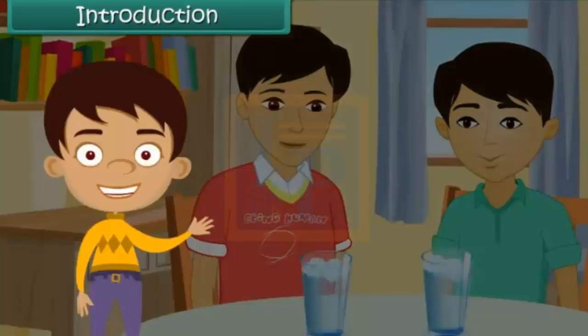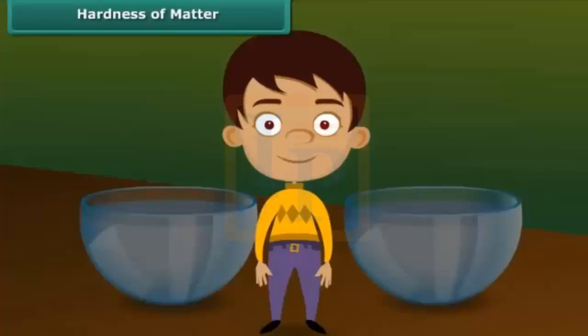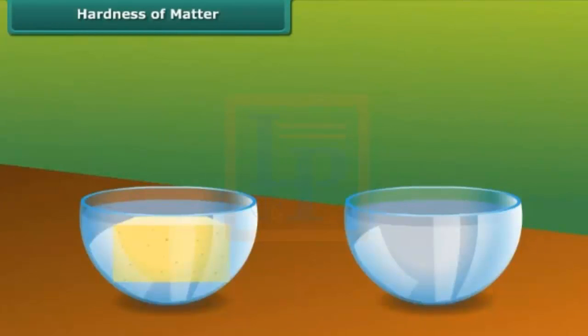In this lesson, we will learn about the properties possessed by different materials. Let us perform a small activity to understand the concept of hardness or softness of material. Take a sponge soaked in water. Now take a stone drenched in water.